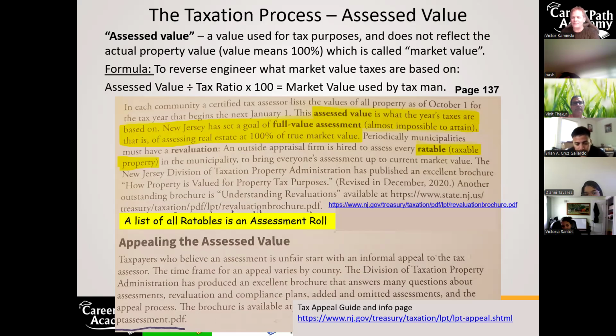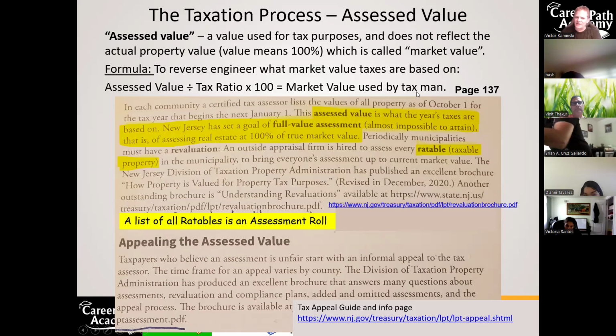And at the maximum, the municipality can only appraise each person's property, or revalue their property, at least once every 18 months. So here's the formula that they use to reverse engineer the market value. You take the assessed value, divide it by the tax ratio, and then times that by 100, and that'll give you the market value that the tax man used.